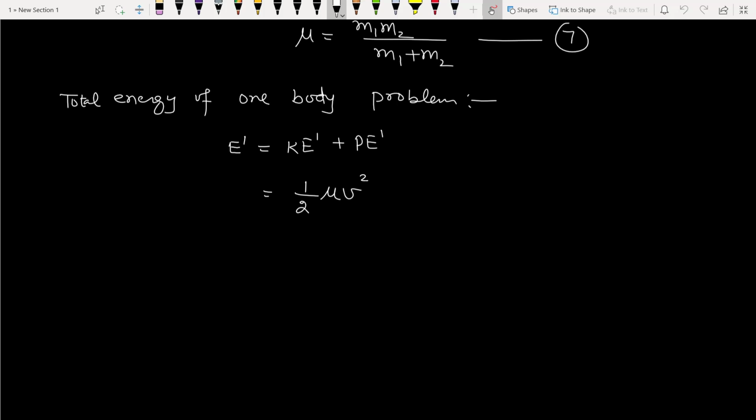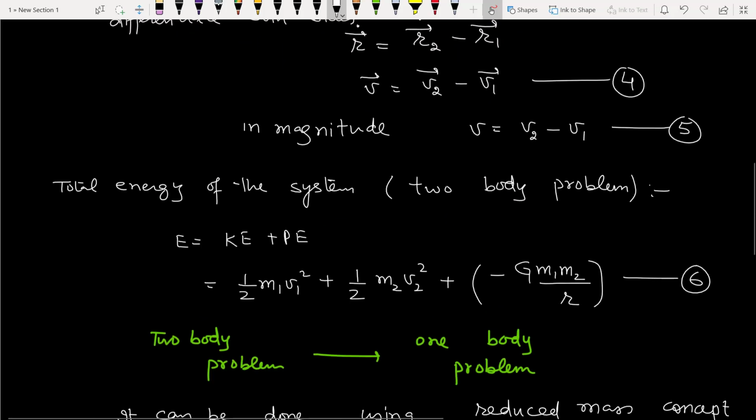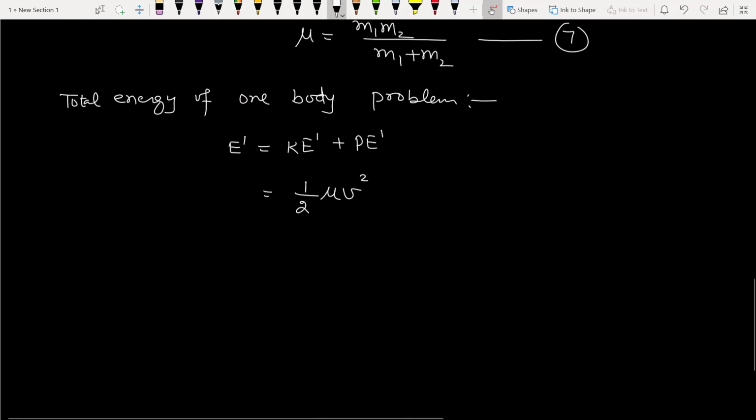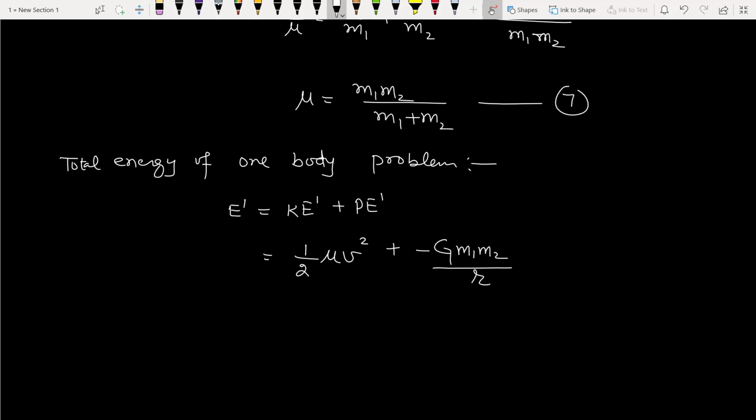The gravitational potential energy will be the same because the same gravitational force acts between them.